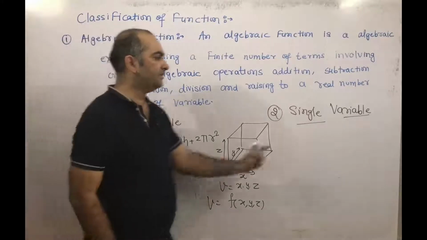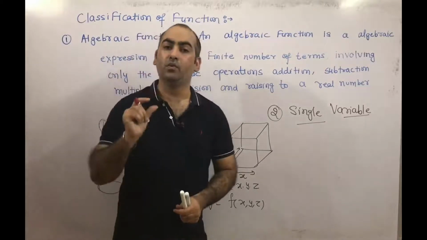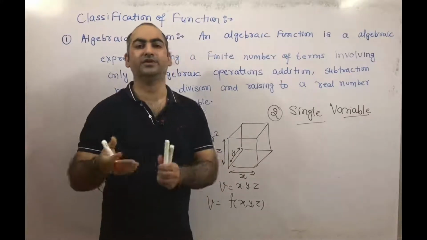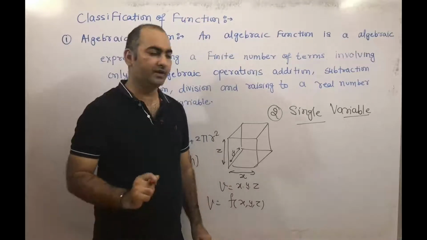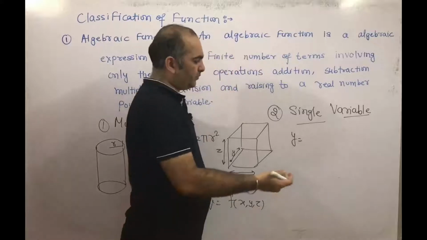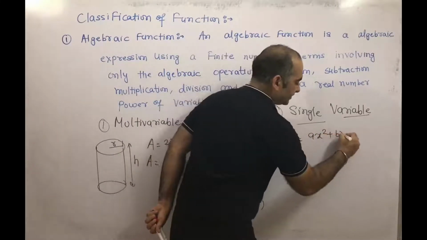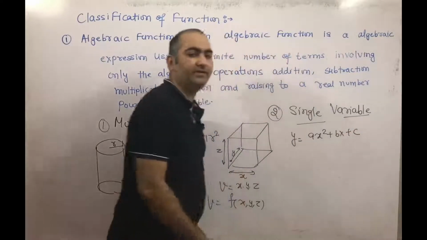Now, single variable function. What is a single variable function? It depends only on one variable. It can be x, or y, or z. For this, we are discussing examples. A polynomial like ax square plus bx plus c is a single variable function.